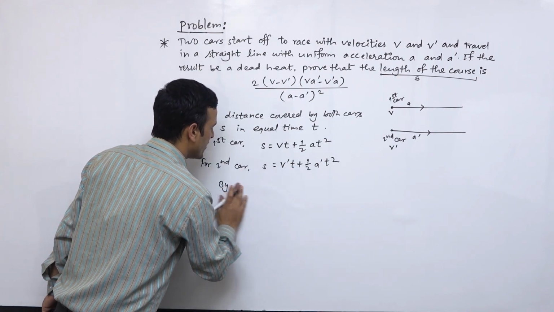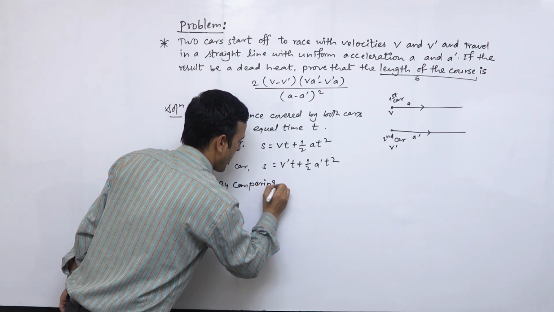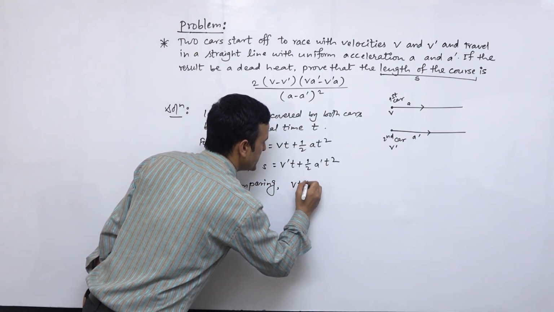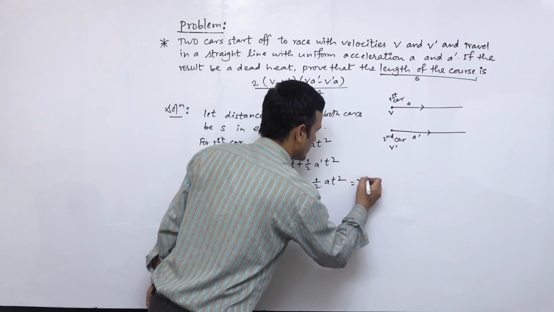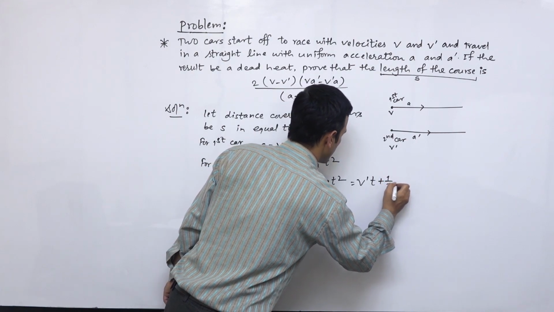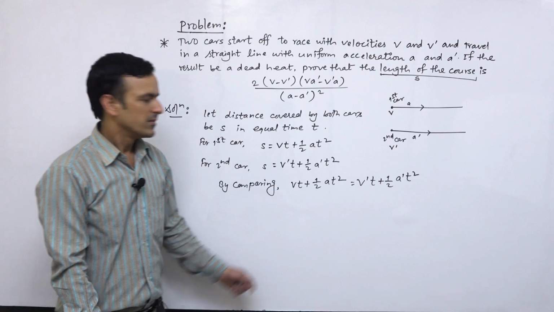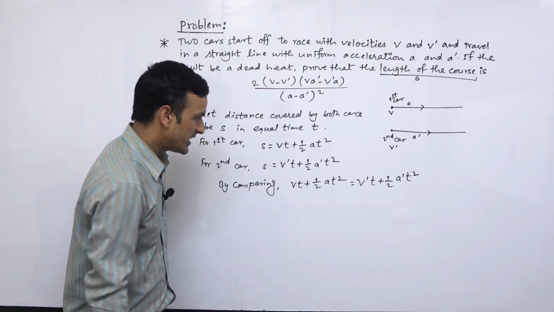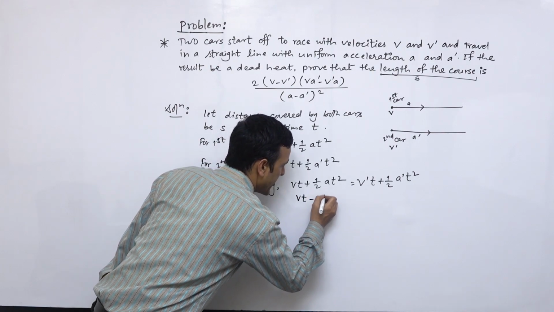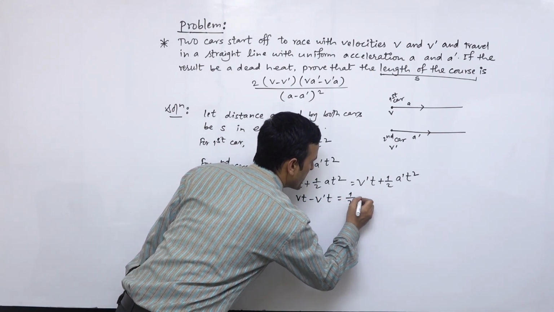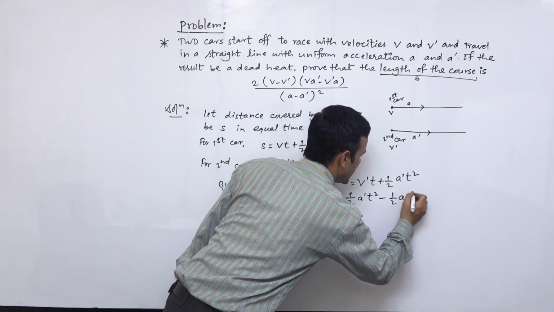So by equating, we get vt plus 1 by 2 at square is equal to v dash t plus 1 by 2 a dash t square. Now v dash t and vt combine together, and 1 upon 2 a dash t square minus 1 upon 2 a t square.